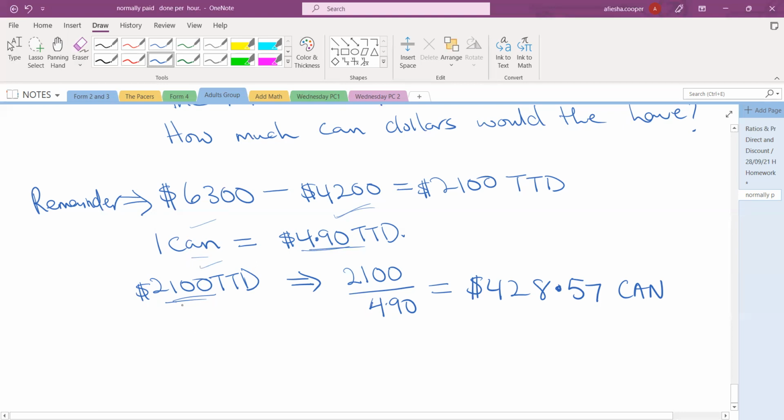We have to divide the TT to get the Canadian. Yeah? So now that we have 428.57 Canadian, I think that could be the end of our question there.